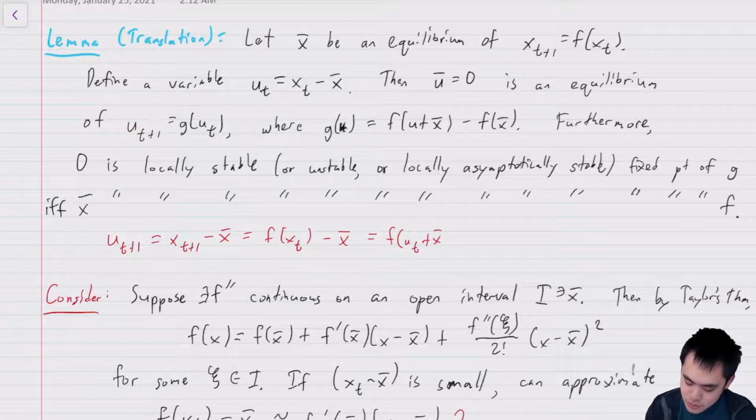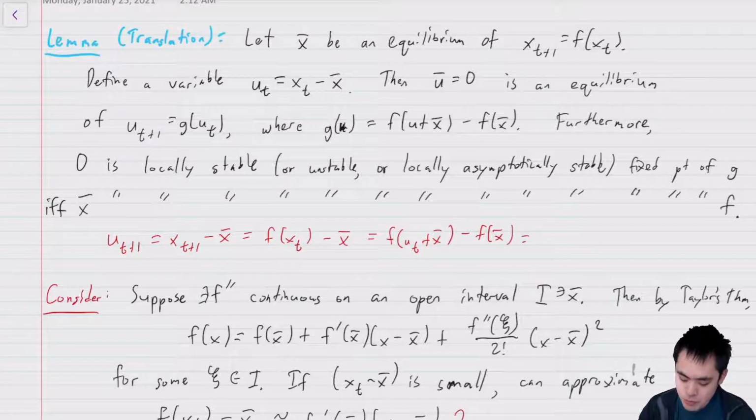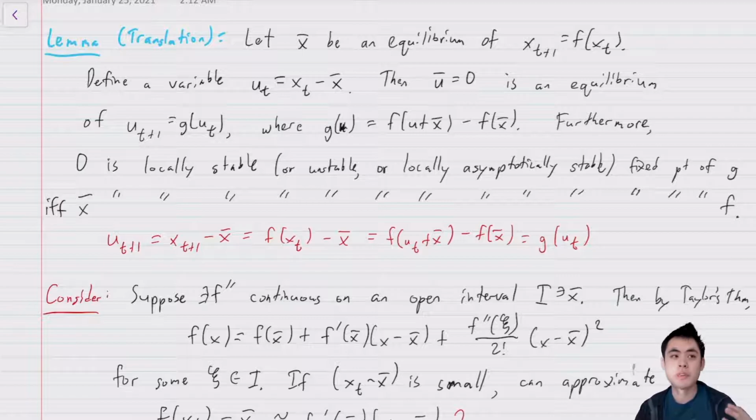That's using this again, by setting x sub t equal to u sub t plus x bar, minus f of x bar, which is equal to precisely how we've defined g of u sub t. Okay, so clearly this is just a translation of the other equation. And I'm not going to prove that the stability properties are the same, as that should be pretty clear.